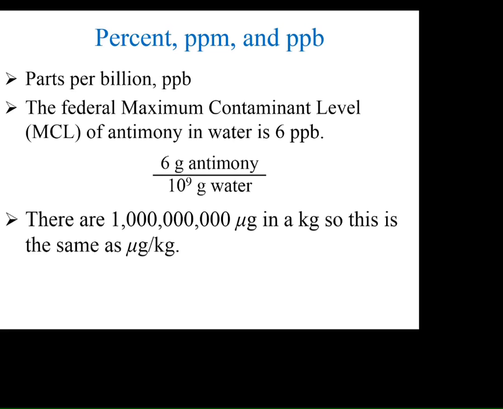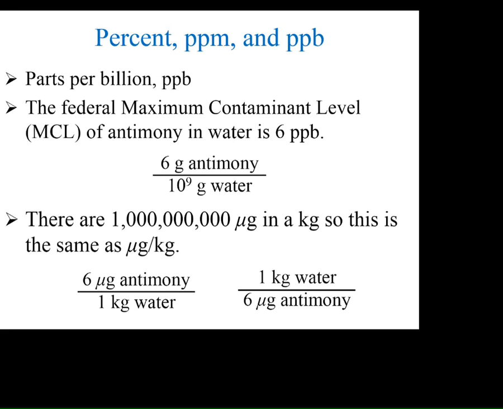So one other way of writing that is micrograms per kilogram. So you could also write this as 6 micrograms per kilogram of water. Because again, these are a billion apart. So it kind of already factors in that billion for you. So for parts per million, just do it out of a million or do milligrams per kilogram. For parts per billion, just do it out of a billion, or you could do units that are a billion apart, like microgram and kilogram.